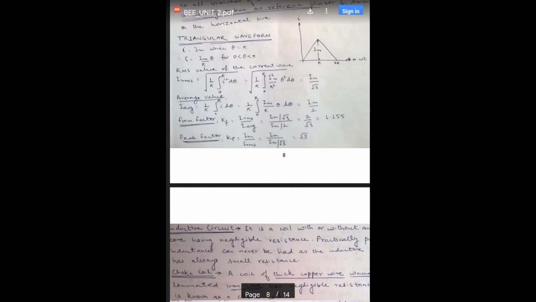Okay. So now the form factor is the ratio of the RMS and the average value. So these values can be substituted and form factor and peak factor can be calculated. Okay.